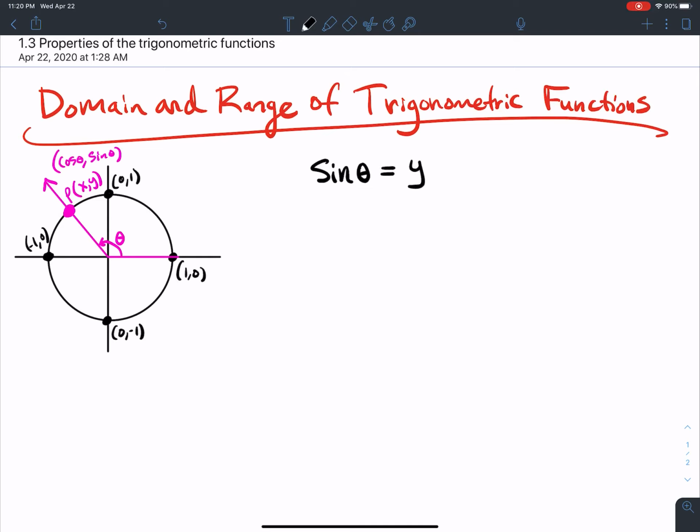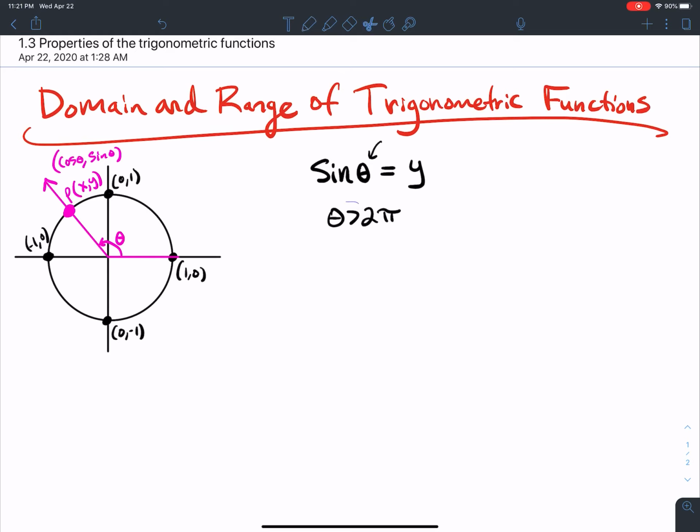Therefore, any angle that I can dream up, I can plug in. That angle could even be greater than 1 revolution around. If I went all the way around, that would be 2 pi, but all I have to do is keep going as many times as I desire, and I can still compute what that angle is.